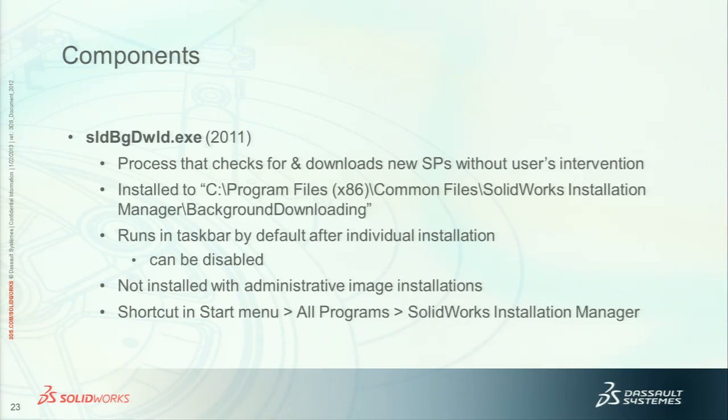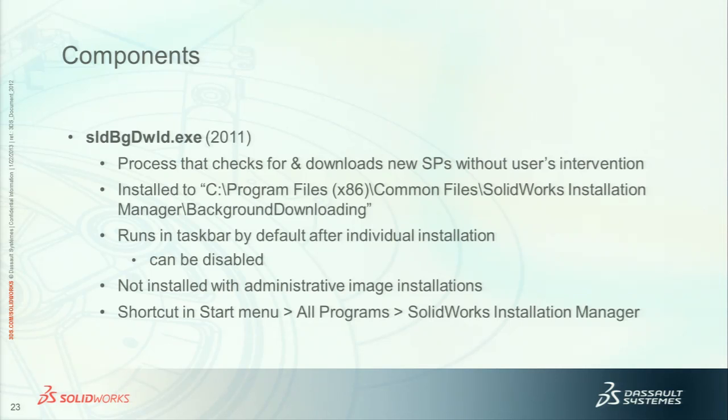I think that option's on by default, so if you just pop in a DVD and install and you don't change any of the default settings, that's going to install and enable itself by default. You'll see a little red SolidWorks cube in your taskbar, bottom right of your screen.